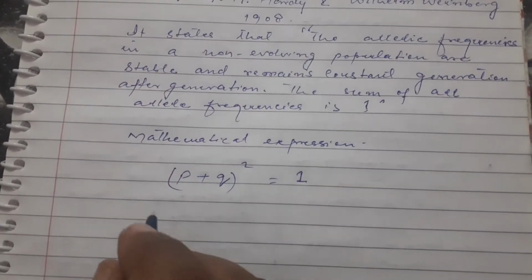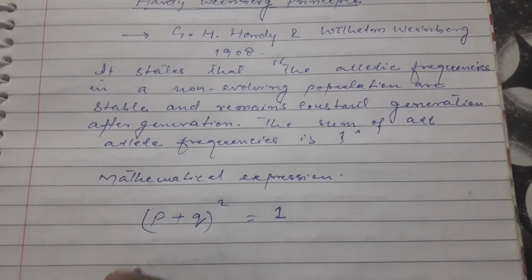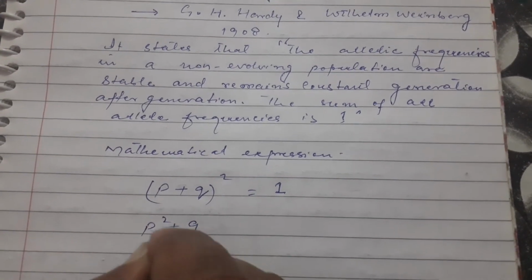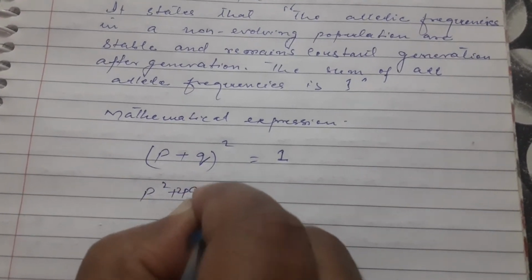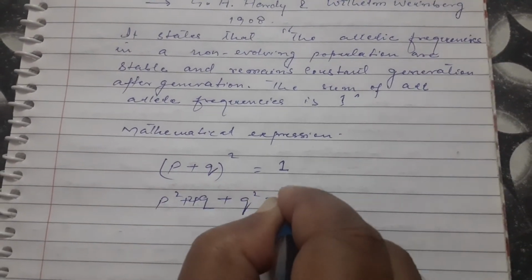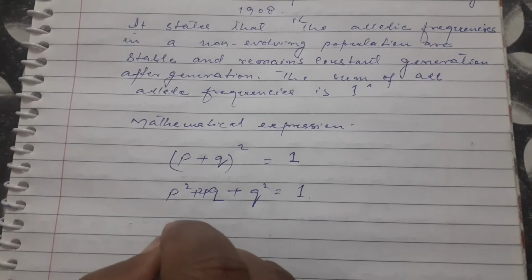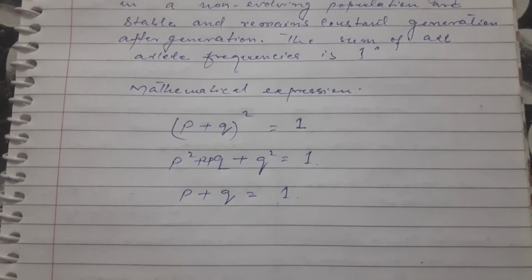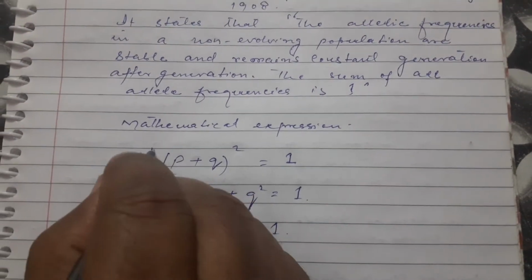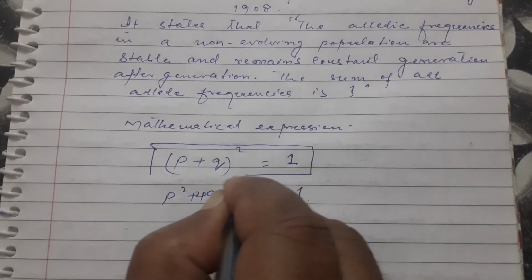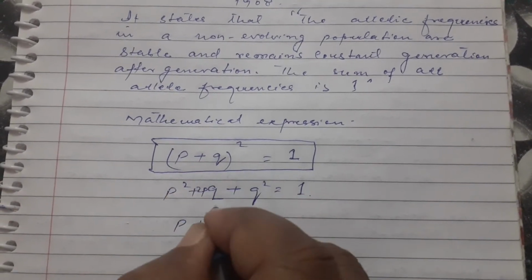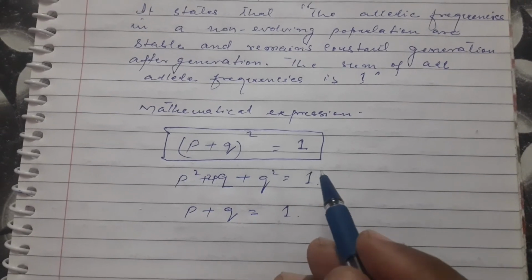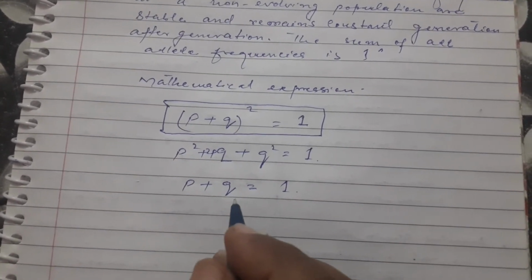If it is elaborated or expanded, then P square plus 2PQ plus Q square is equal to 1, or P plus Q is equal to 1. These are the expressions. This is the main expression, and it is only the expanded form of this, and then you may write like this.